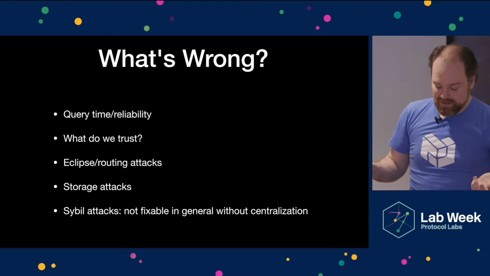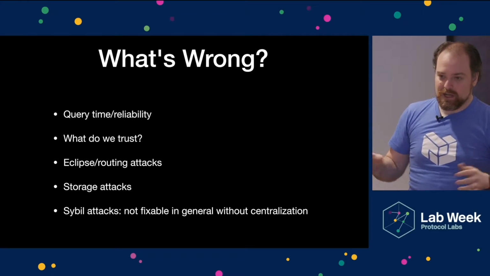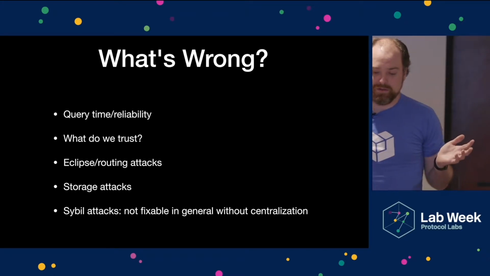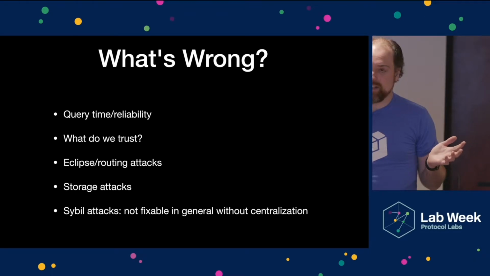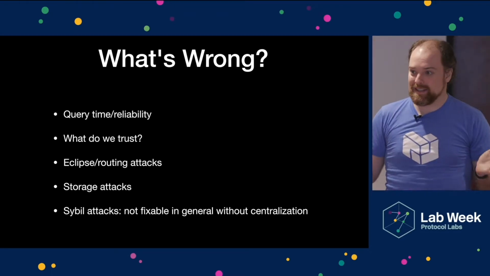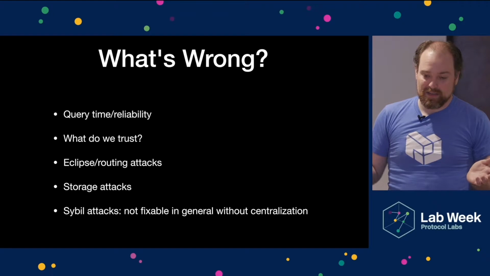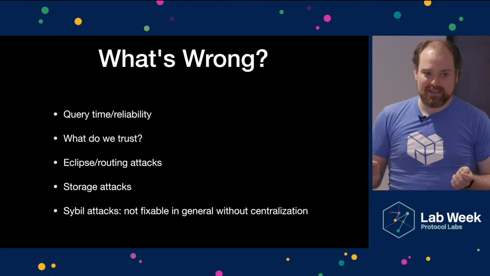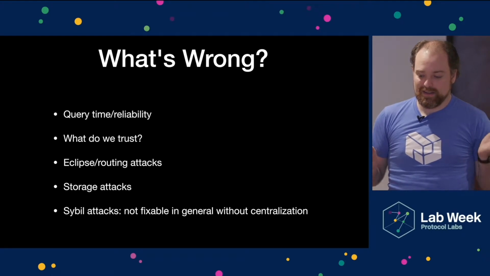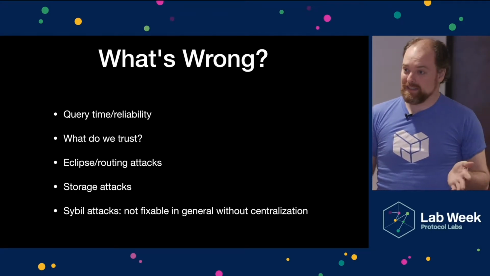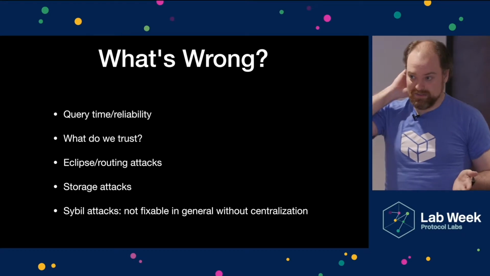And a general approach to attacking a DHT is to make a whole bunch of different identities, and that's called a Sybil attack. Part of the fundamental problem with Sybil attacks is that there is not any complete fix. This is an impossibility result.